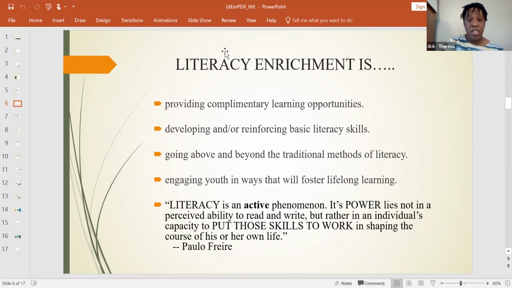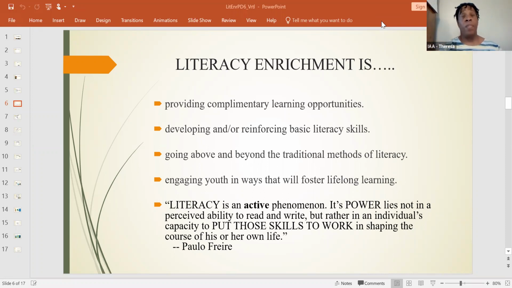The next one on there is engaging youth in ways that foster lifelong learning. And when I say lifelong learning, folks, I'm talking about outside of your program. When they leave your program for the day, they're still learning. They're getting those skills, and they're taking that knowledge and applying it to what is going on outside of your program.